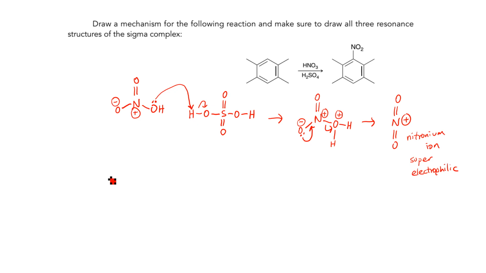And now let's get the benzene ring involved, because we have our electrophile. It's super pumped up to react with really anything on site. In this case, benzene. Well, not benzene, but tetra-substituted benzene, tetramethyl. Doesn't really matter, because right now I'm just going to draw the active electrophile.